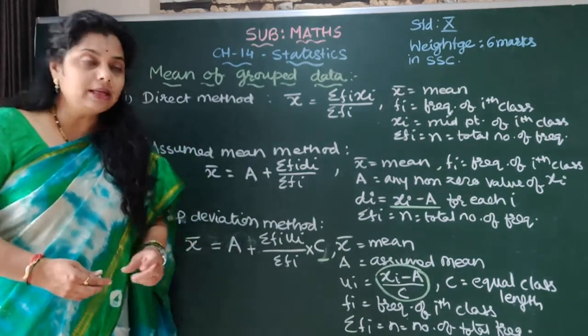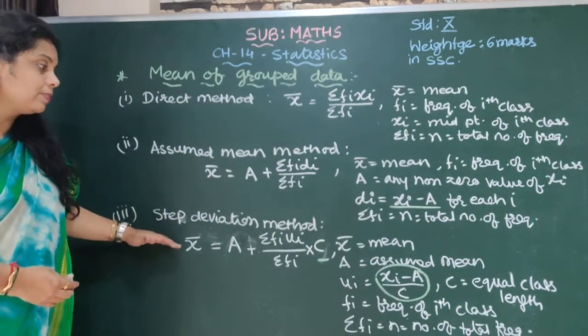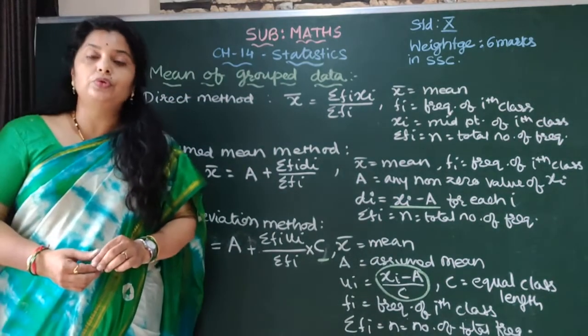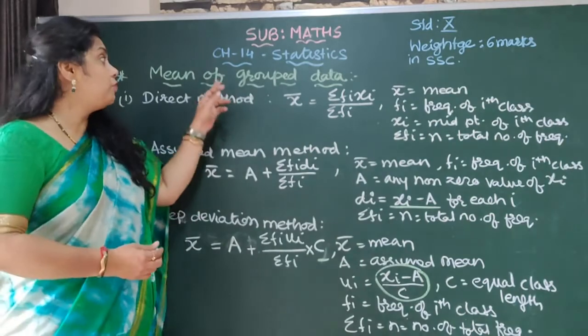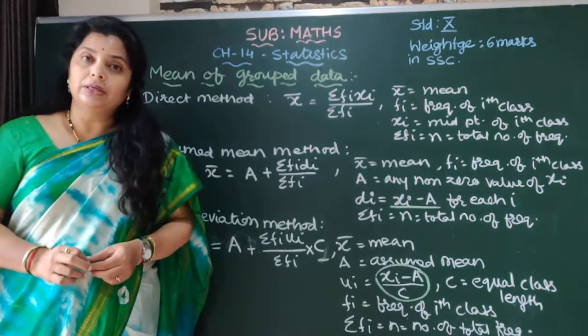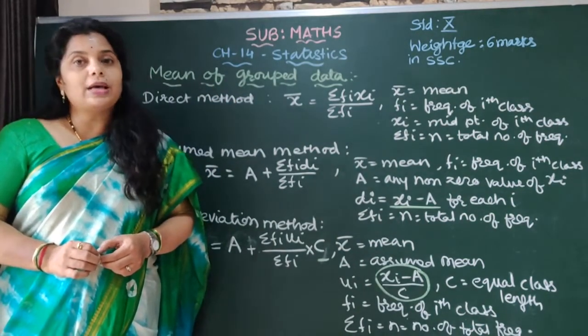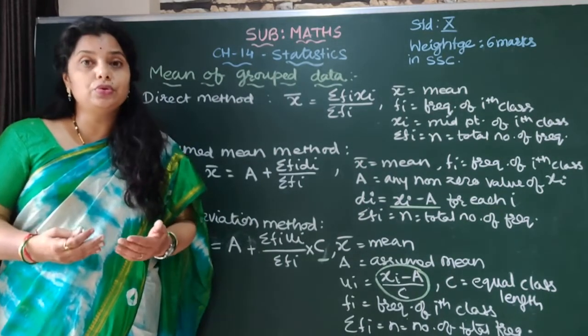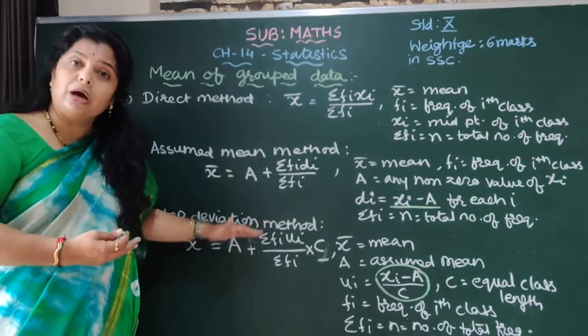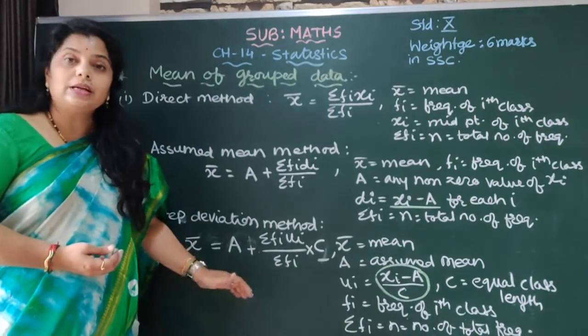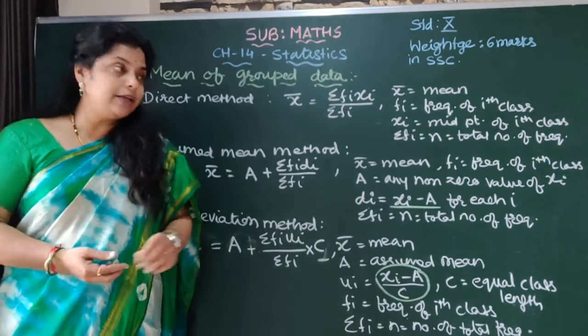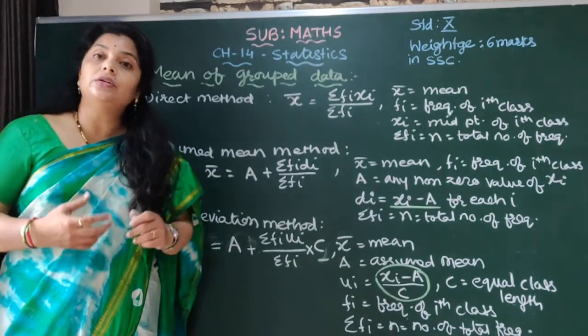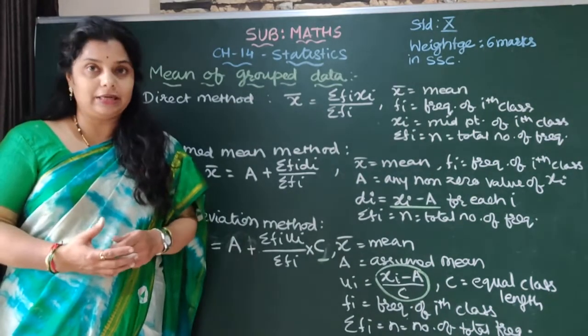So mainly these three methods are useful to find out the mean of grouped data. Okay, so as per the given question, we have to use any one formula out of these three. So let's see the example related to it so you can get a better idea.